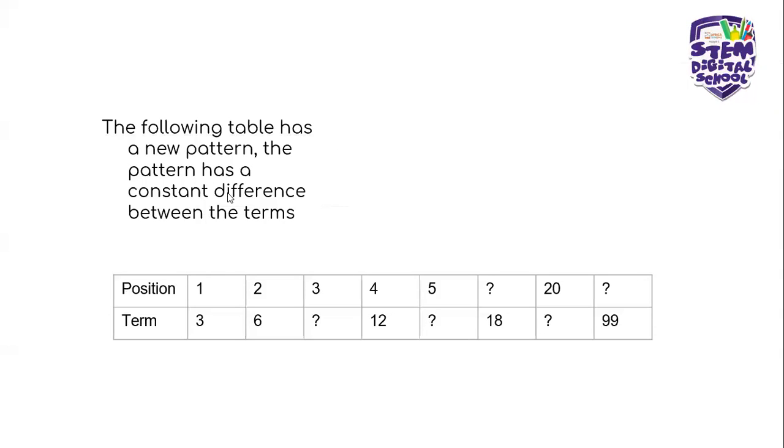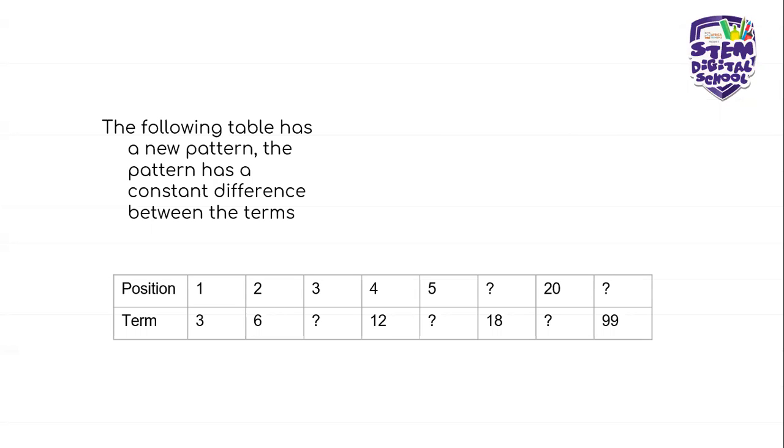I'm just going to work it out for you once again. The term here, you can see we're moving from 3 to 6, and then we skip the next term there, and then we move to 12. But if you look at our positions, you can see we have position 1, followed by position 2, 3, 4, and 5. You can see there's a pattern there.